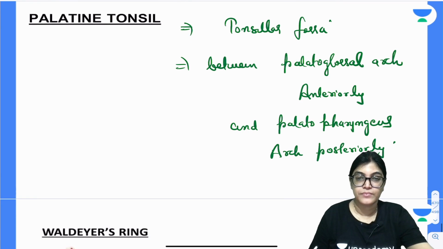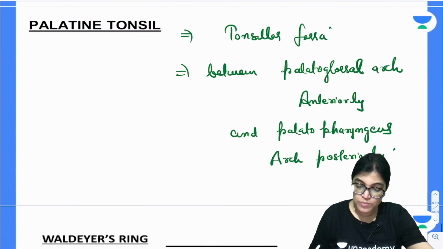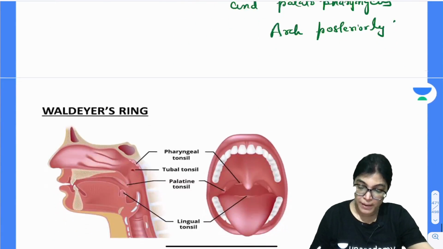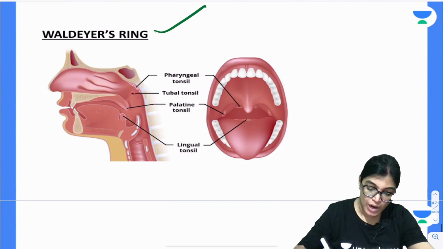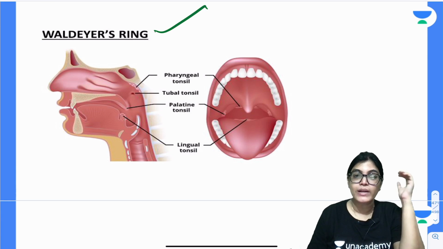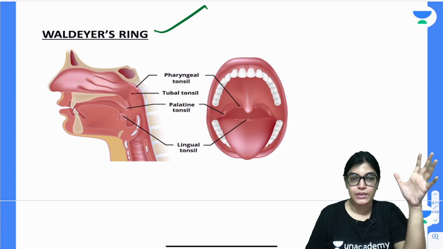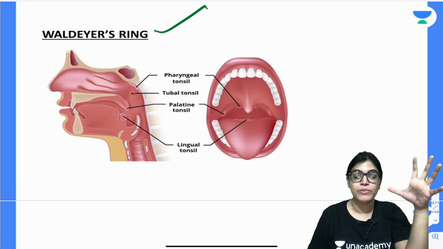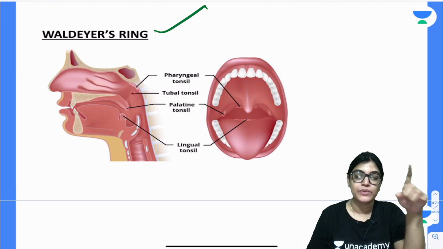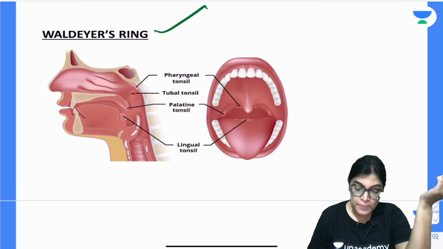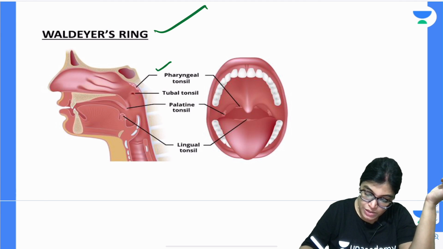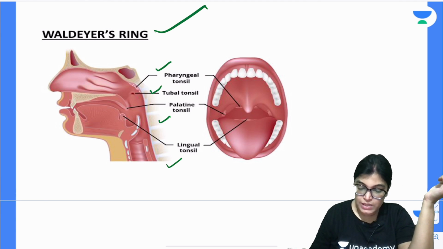Okay. Before proceeding to the histology of palatine tonsil, I would like to show you Waldeyer's ring. We have a ring because four lymphatic aggregations together, if we connect them, are called Waldeyer's ring. It is formed by the pharyngeal tonsil, tubal tonsils, palatine tonsil and lingual tonsil.